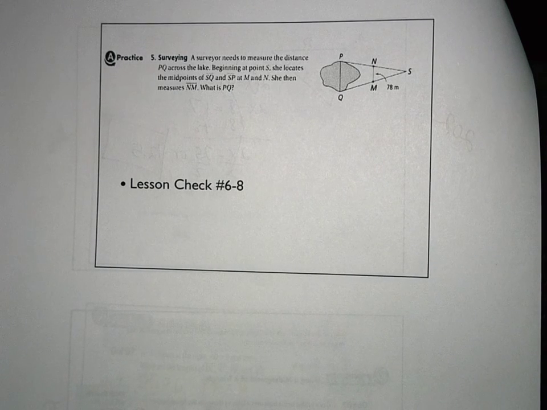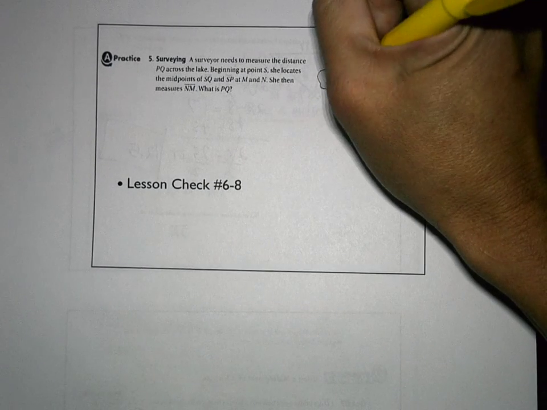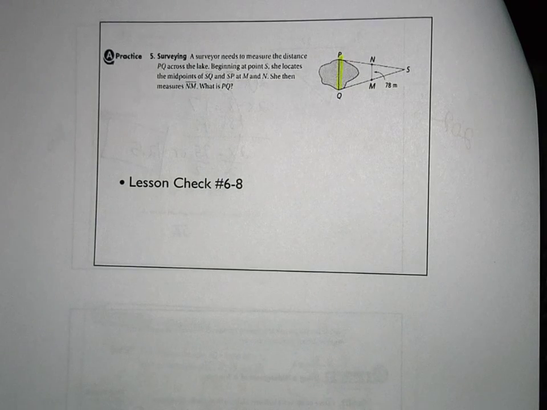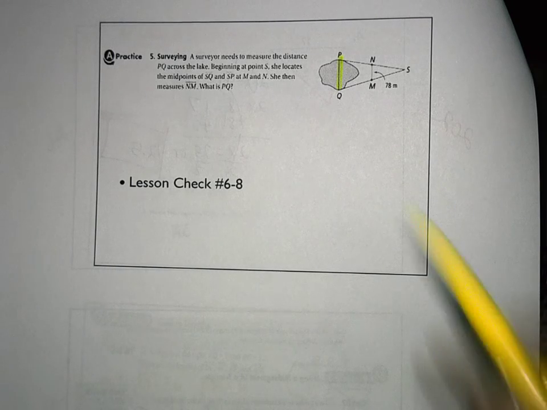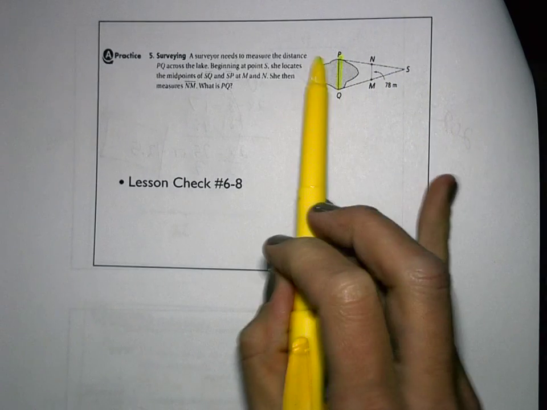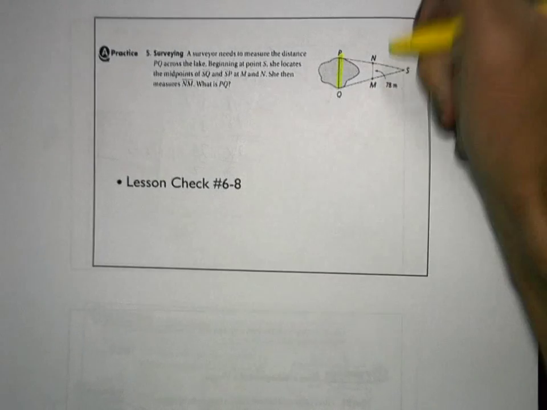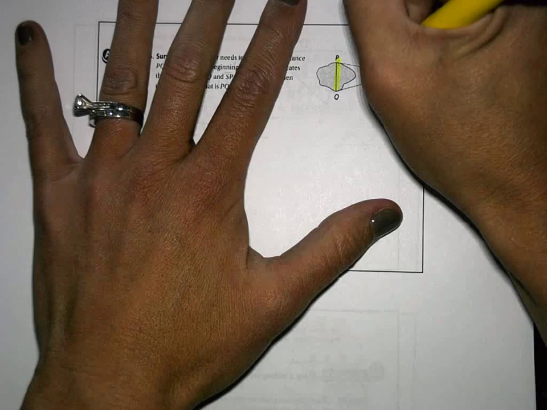Okay, a surveyor needs to measure the distance PQ across the lake. So we need to figure out this distance across the lake. Beginning at point S, she locates the midpoints of this line and also the other line. And then she is able to measure NM because this is on the ground. That's easy to measure.